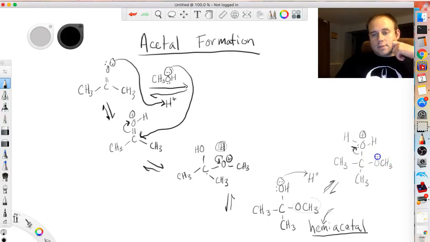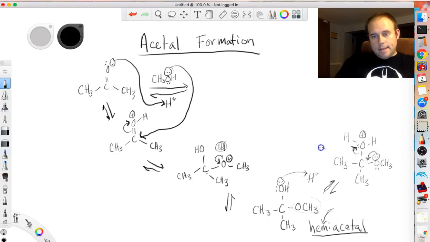Many instructors will show, especially since you have the ability to do this, it's not like you only have alkyl groups here. You have an oxygen with lone pairs available to basically move in and perform some sort of resonance. And so a lot of times you will show that this moves in to form a temporary double bond here.